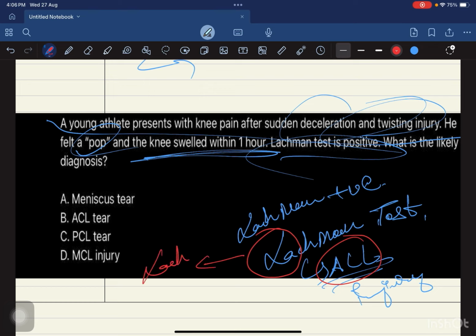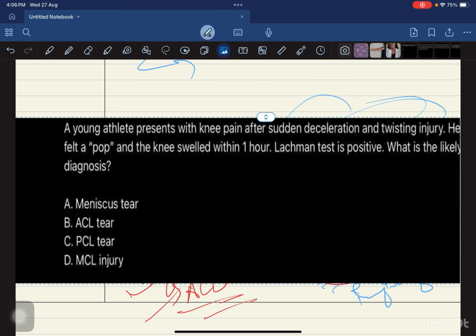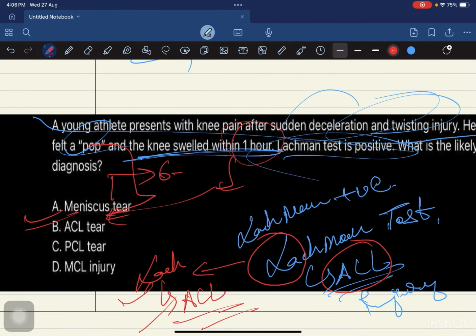Lachman is for ACL. The pop sound is also very characteristic of ACL, and swelling within 1 hour is also ACL. For meniscal tear, the swelling takes place later, from 6 to 24 hours.